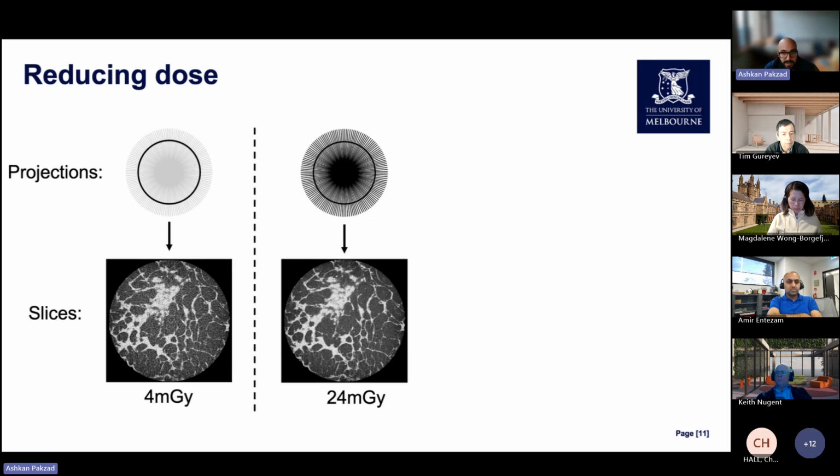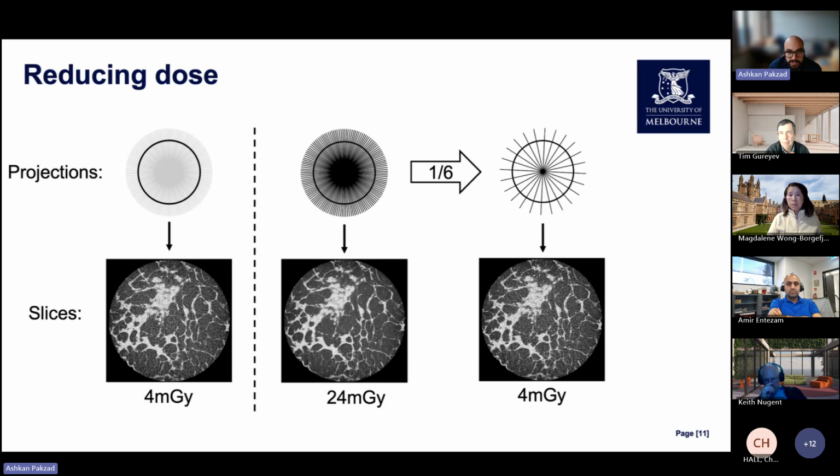So in CT, we can reduce the dose in two ways. We can vary the number of X-rays per projection, or we can vary the number of projections. For example, here on the left we have a reduction in the number of photons per projection. On the right, we have the same number of projections, but with a higher number of photons per projection.